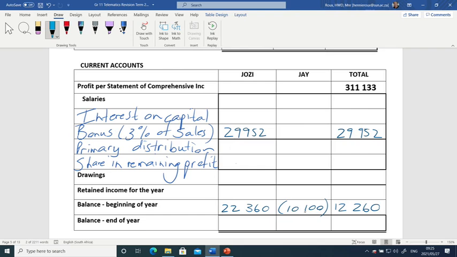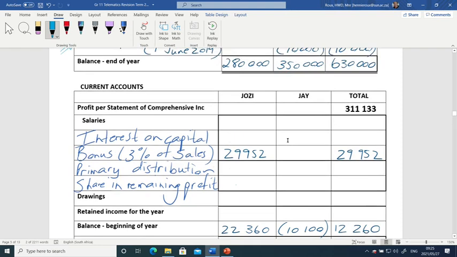That's why it's a debit balance. It's as if he owes that 10,100 to the business. It's as if he is a debtor to the business. That's why a debit balance to be subtracted, because this decreases the owner's equity. Owner's equity decreases on the debit side. Okay, so now we've filled in that information given.